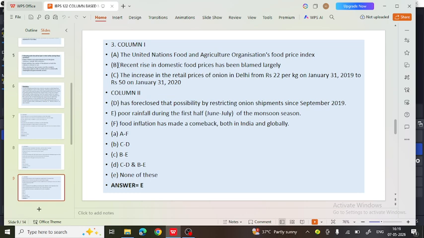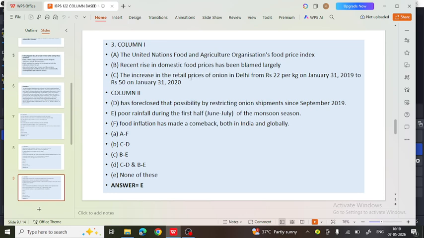Now see B. A recent rise in the domestic prices has been blamed largely, and again this is the first part of the sentence, and without any conjunction it is given, so it will not match with these three options. Now see the C option.